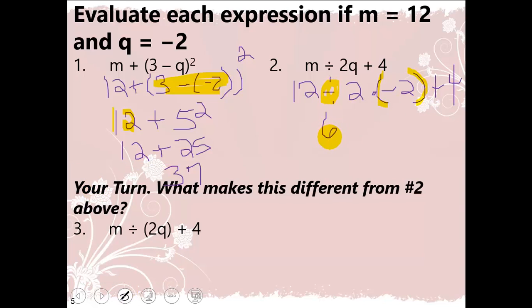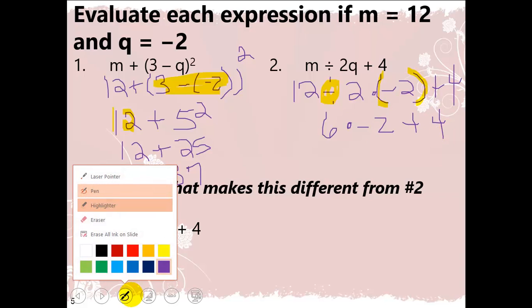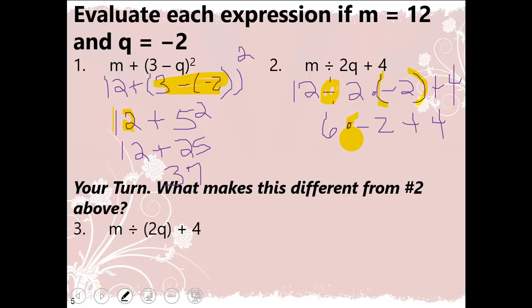So it is 6 times negative 2 plus 4. Do I multiply or add first? I multiply first. And I get negative 12 plus 4. Now I add, I get negative 8. Remember that anytime during this process you can hit pause, go back, redo it.